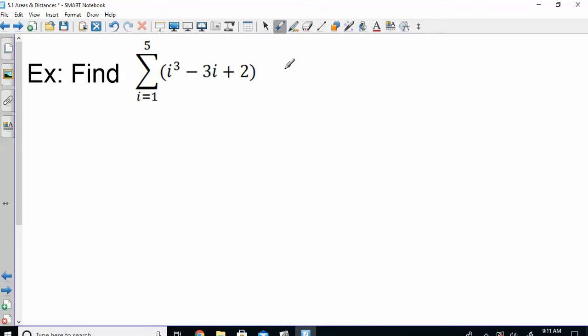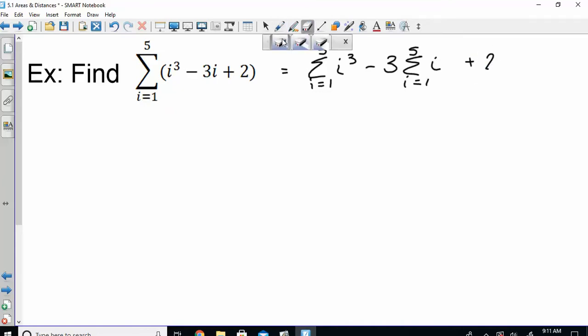Okay, so we can break this up. We'll do the i cubed minus 3 times the sum from 1 to 5 of i plus the sum from 1 to 5 of 2.